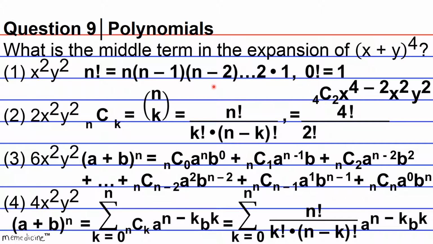So we wind up with 4 factorial over 2 factorial, because again, n is equivalent to 4, k is equivalent to 2, our third term, times 4 minus 2 factorial. Again, n is equal to 4, k is equal to 2. We're focused on the third term, that's why k is equal to 2, times x squared, y squared. Okay?